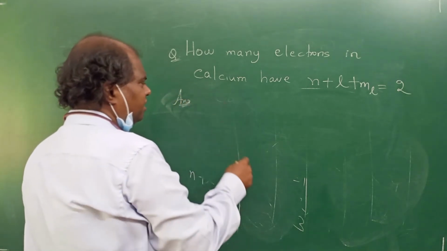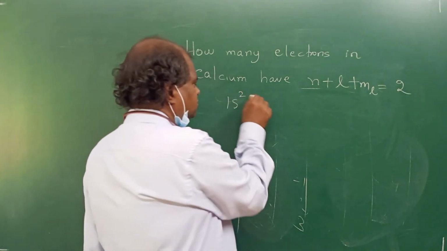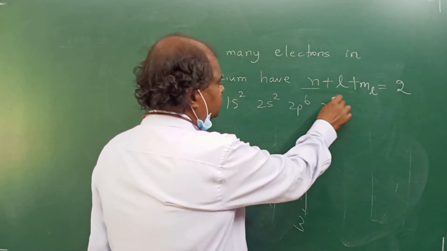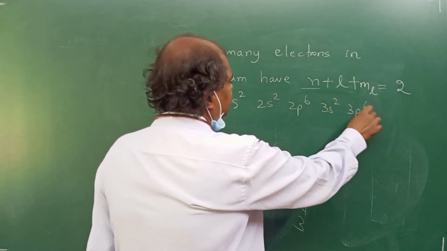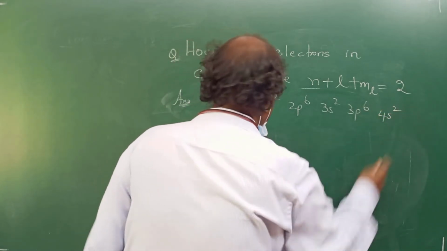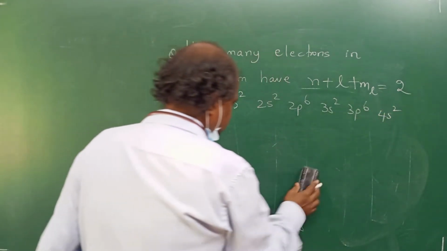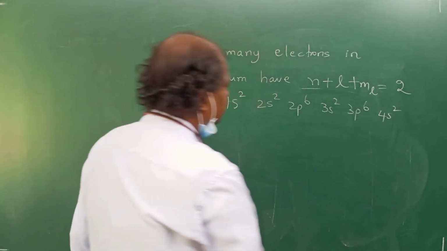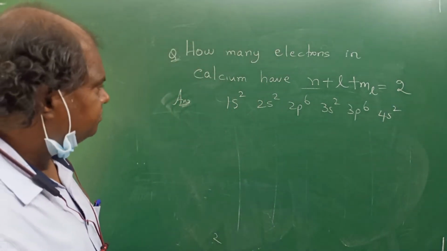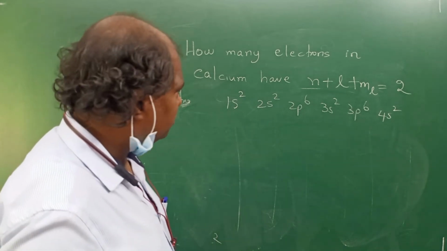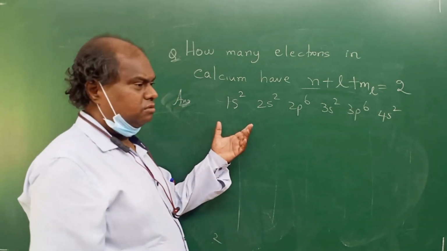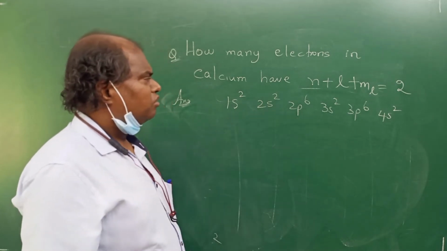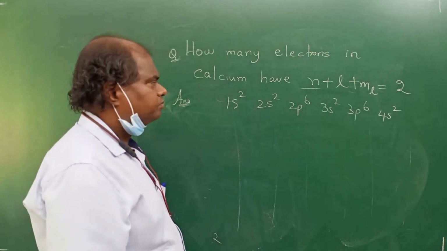So again, you write the configuration: 1s2, 2s2, 2p6, 3s2, 3p6, 4s2. Okay, fine. So this is your configuration, right?